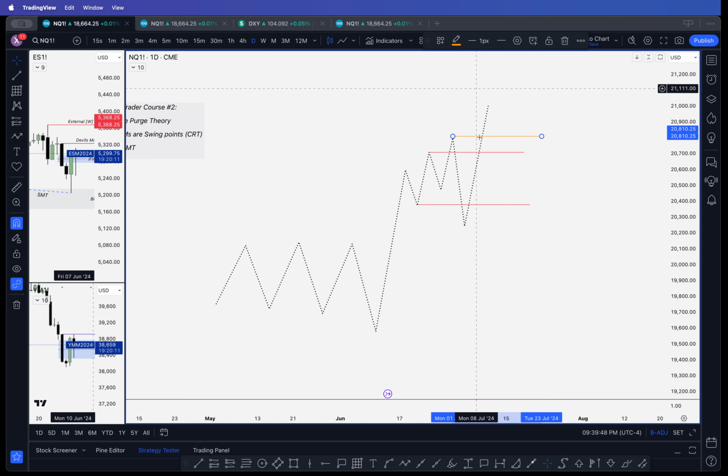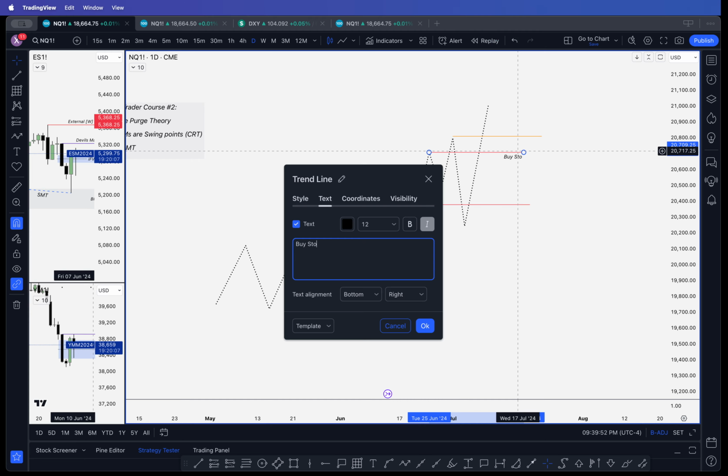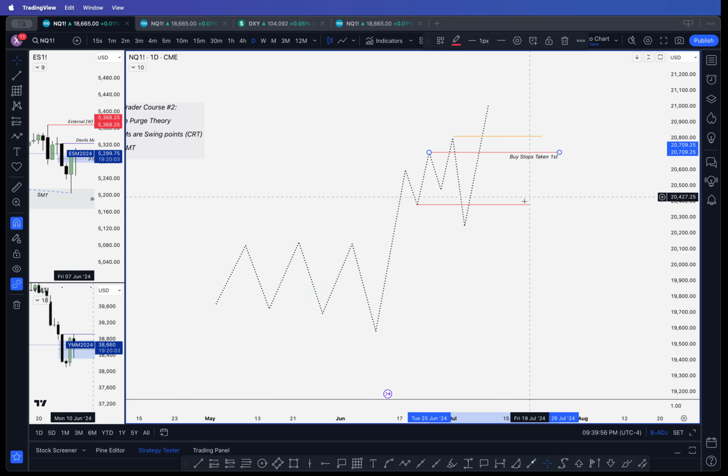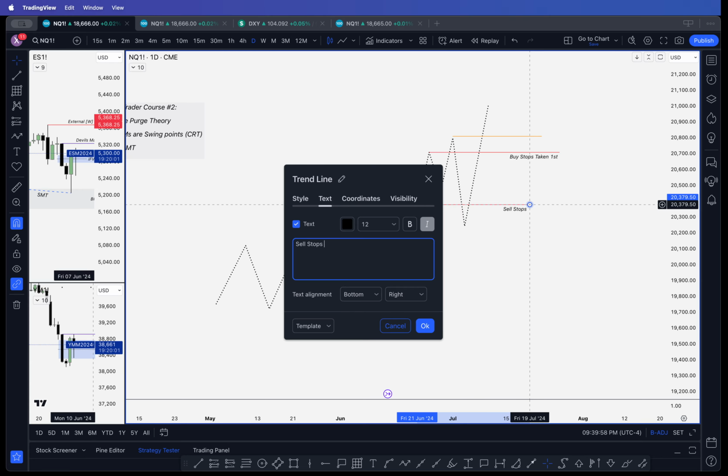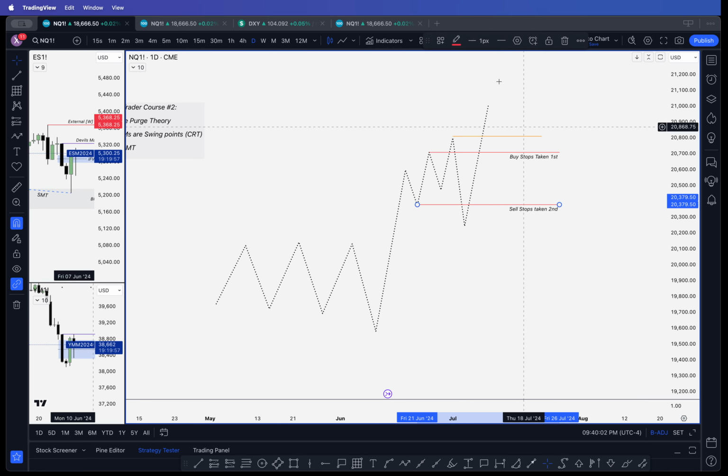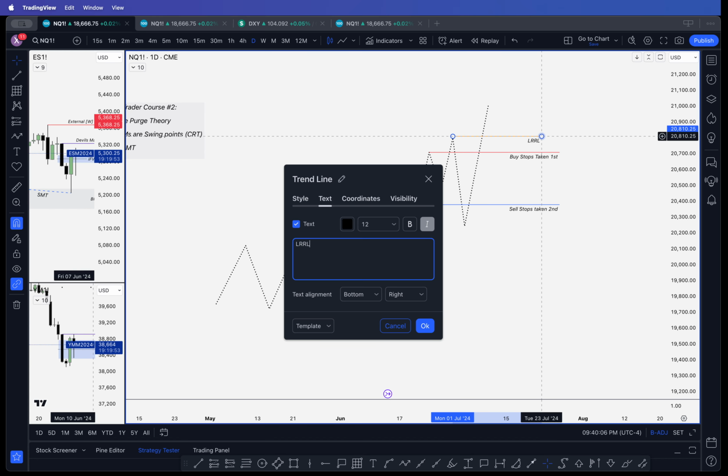So it looks something like this. Buy stops taken first. Sell stops taken second. And we create a low resistance liquidity run into this high.